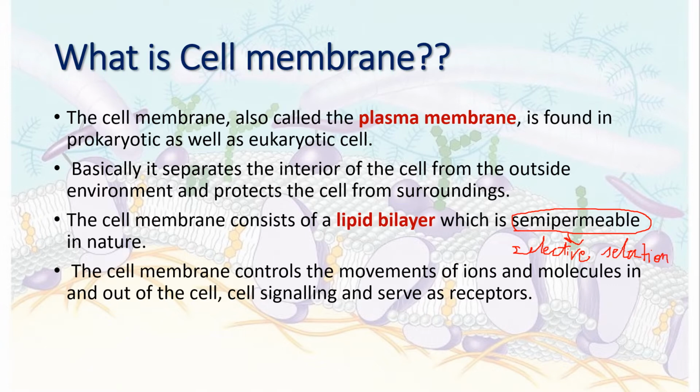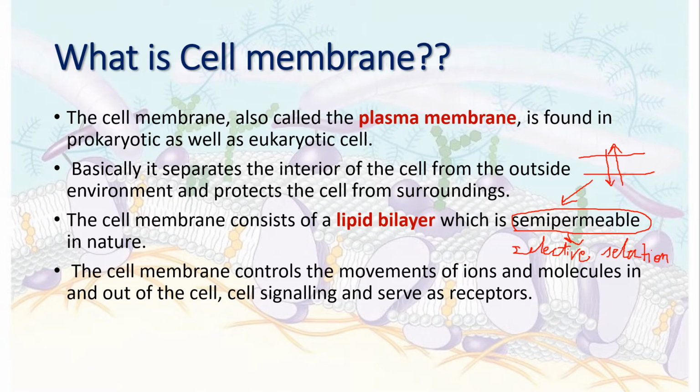Suppose this is our plasma membrane. This plasma membrane is semi-permeable in nature. It allows only some selective molecules to pass through inside the cell or outside the cell.